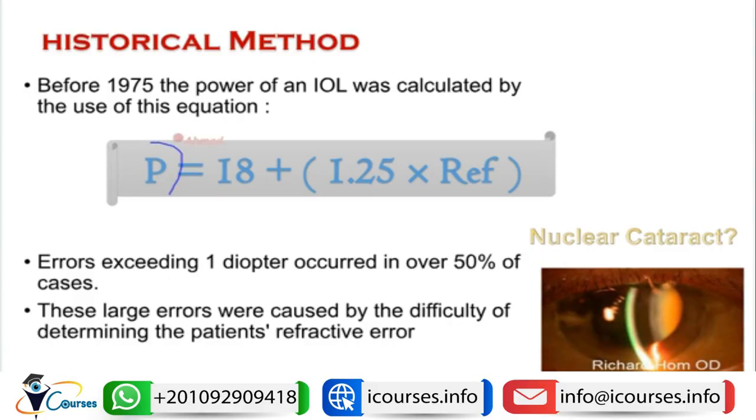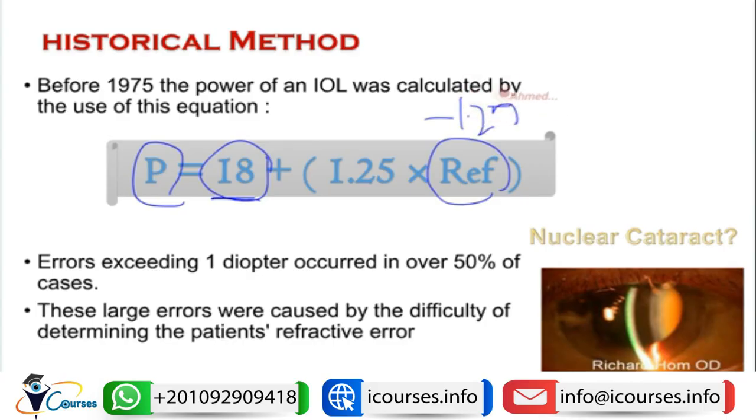This method proposed that the power of the intraocular lens would equal 18 plus 1.25 multiplied by the refraction of the patient. So for example, if the patient is myope -1, then we will have +18 minus 1.25.